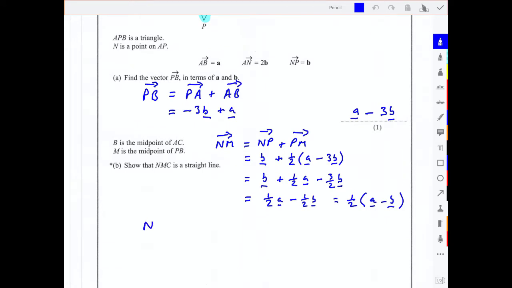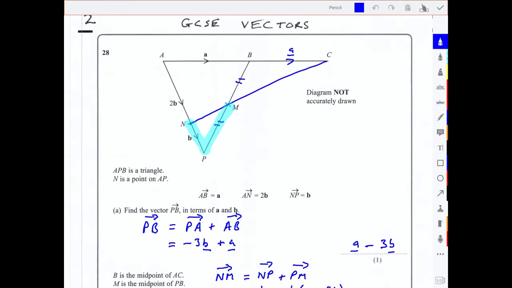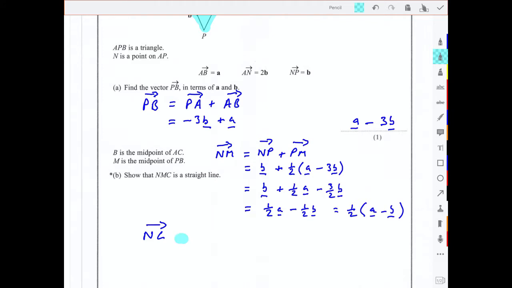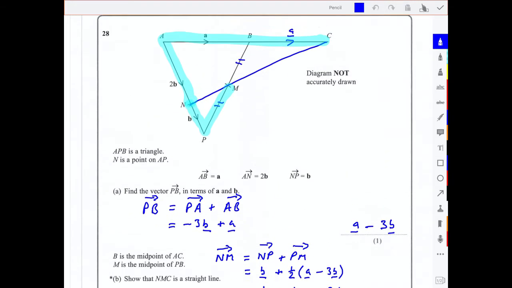So we try to find NC, and this is somewhat easier because we can just go from N to A and A to C. So it's equal to NA plus AC. So what is NA?